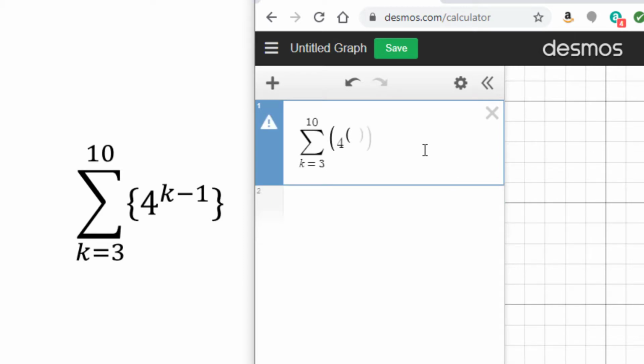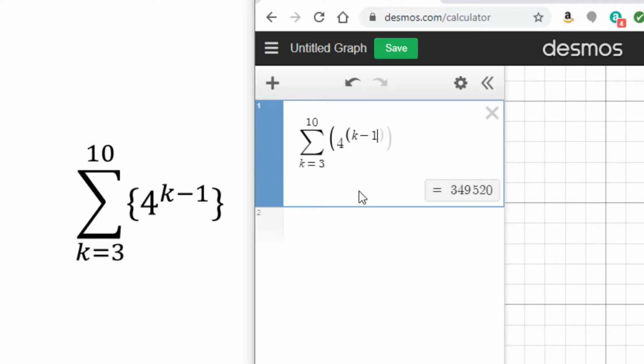Actually, I don't think I needed the bigger parentheses there. K minus 1. Because I did it earlier and I didn't have parentheses and it gave me the same thing. But the parentheses up here were so that it would put the minus 1 inside of the exponent. So if you add all these together, you'd get 349,520.